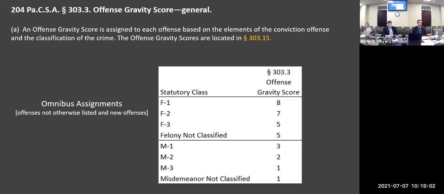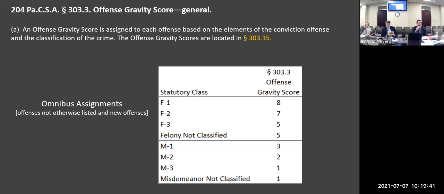One of the strengths, as Mark mentioned, of expanding the number of OGS categories is that at a specific OGS category now we might have a number of different offenses that are not that similar grouped together in OGS 5 or OGS 7, and we know there are broad recommendations within those individual cells, accommodating a broad range, like Mark mentioned, from restorative sanctions up to 9 months even of confinement within that same cell.